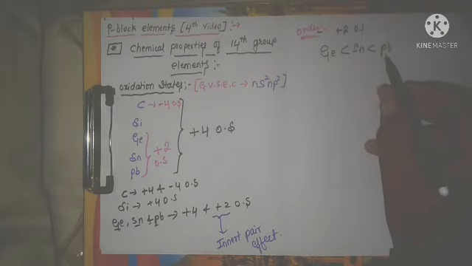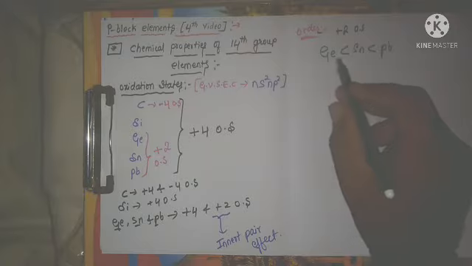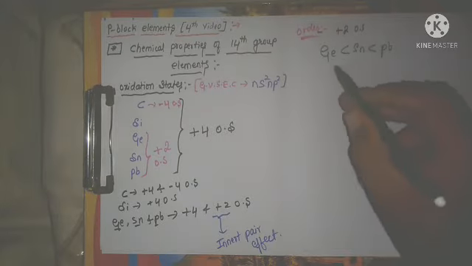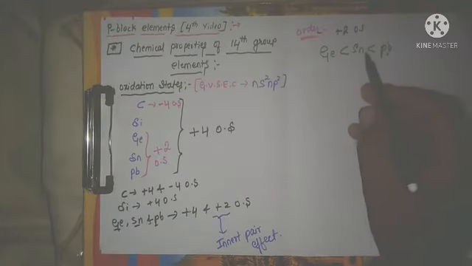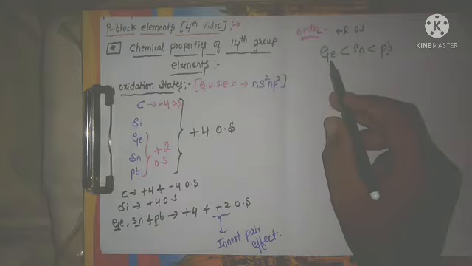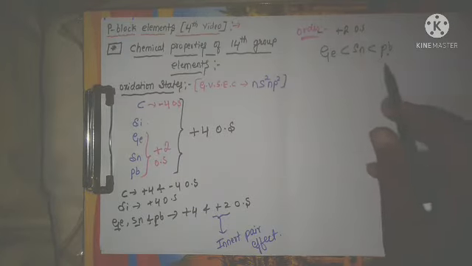Means the compounds of lead in the +2 oxidation state are more stable than the compounds of tin and germanium in the +2 oxidation state. This is the stability order.